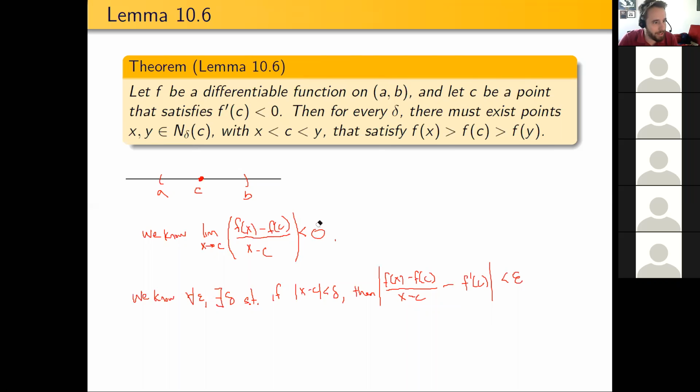Okay, so this was our way of saying that that limit was equal to some f prime of c, and that was definitely less than 0.